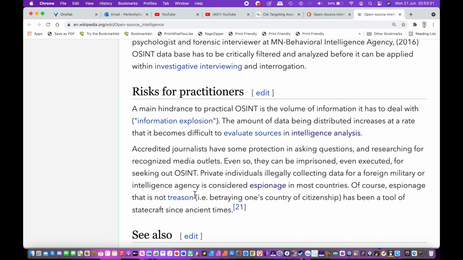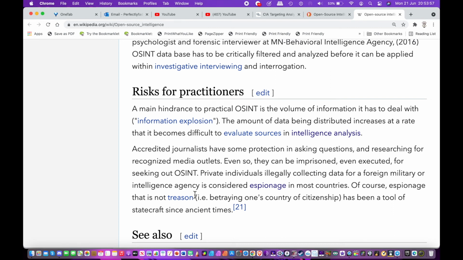A main hindrance of practical OSINT is the volume of information it has to deal with, information explosion. The amount of data being distributed increases at a rate that it becomes difficult to evaluate sources in intelligence analysis.